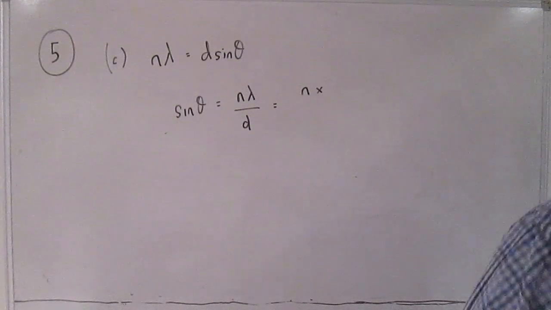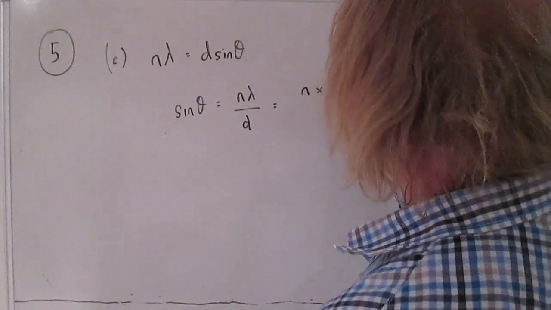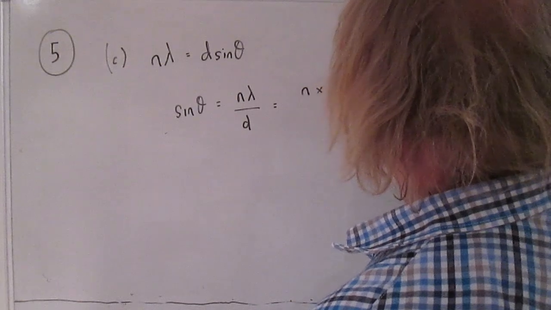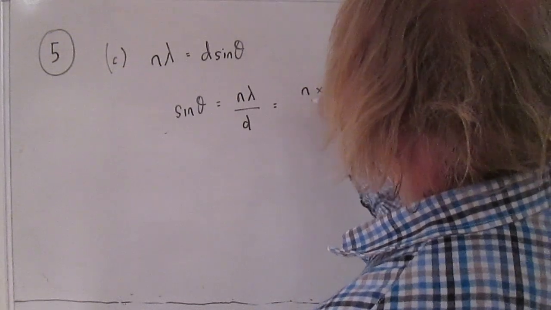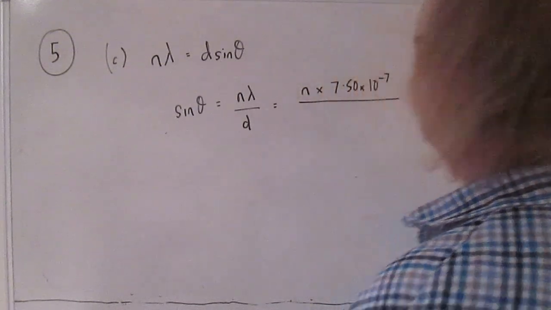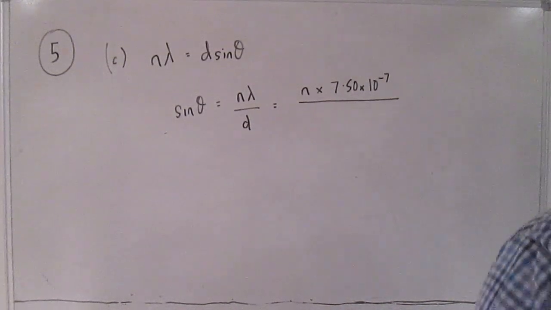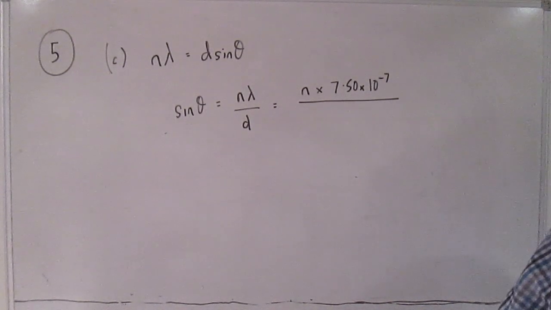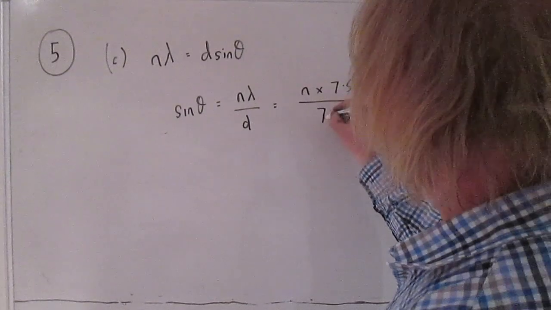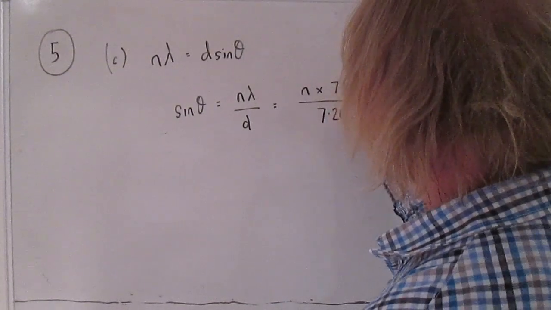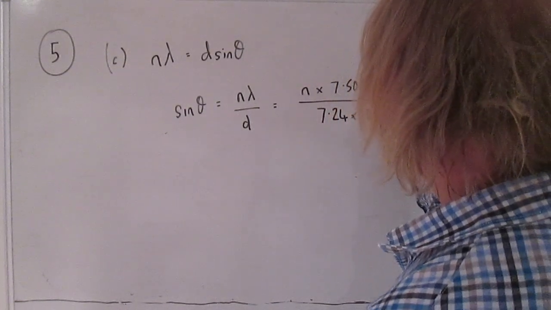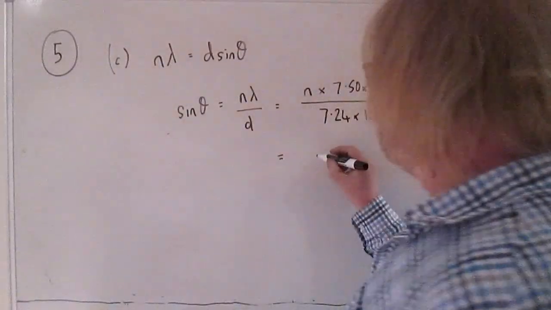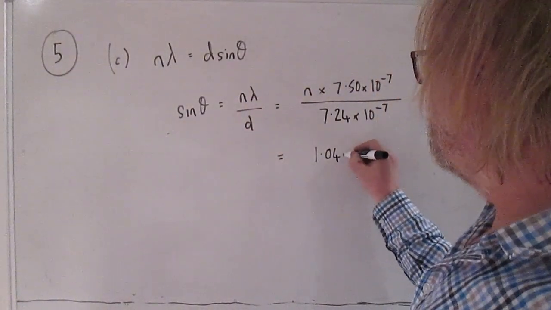Lambda is 7.5 times 10 to the minus 7 meters, divided by d, which again is 7.24 times 10 to the minus 7 meters, the same as it was in the previous question, which is 1.04 n.